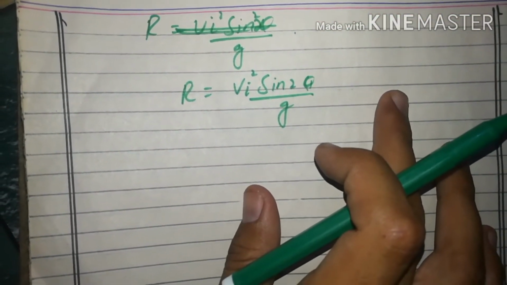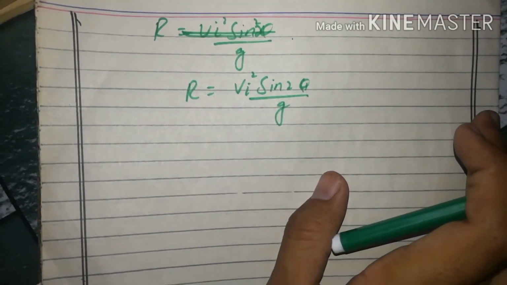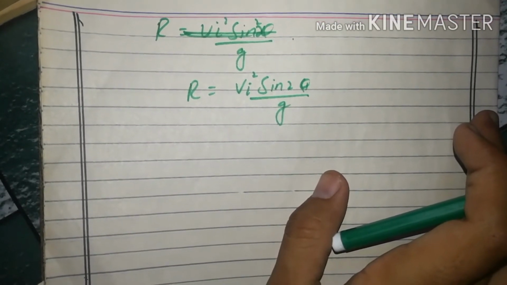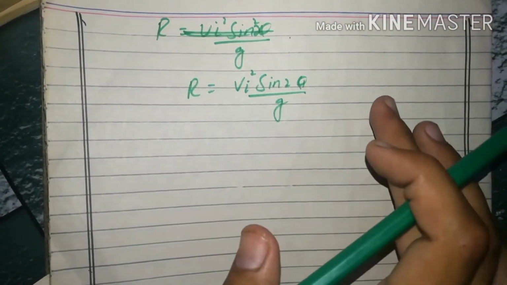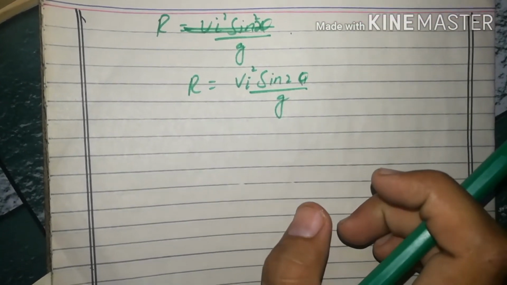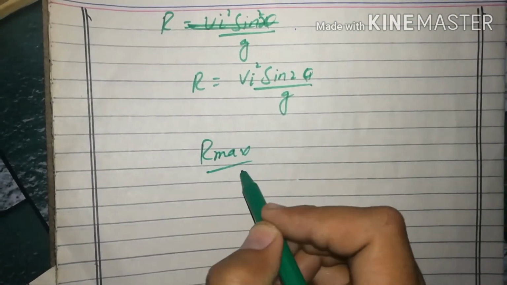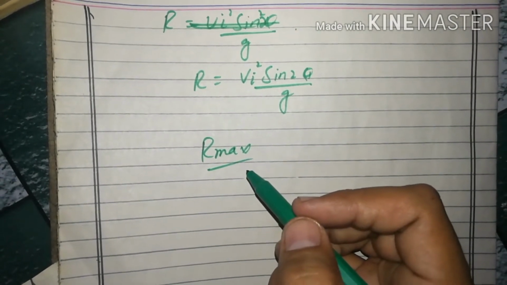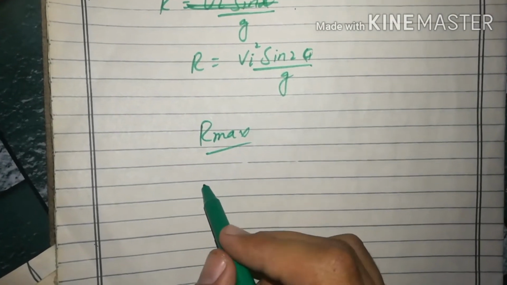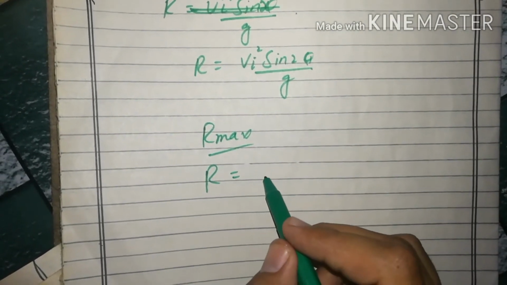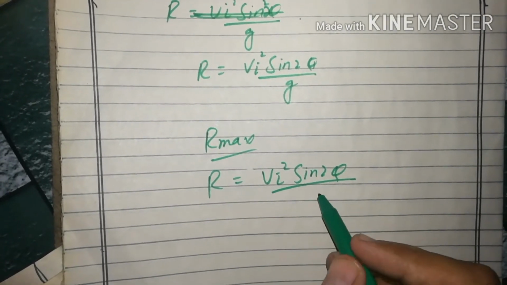Now to calculate the maximum horizontal range of the projectile. The maximum horizontal range is the horizontal distance covered by the projectile during the time of flight, denoted by R max. So as we know that the horizontal range is given by R is equal to Vi square sin 2 theta divided by g.